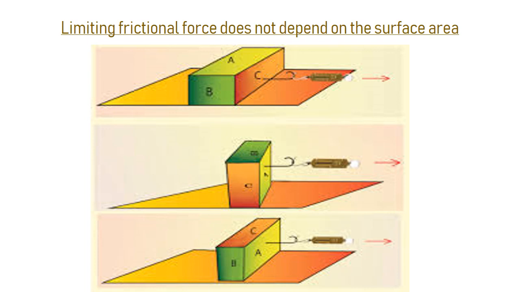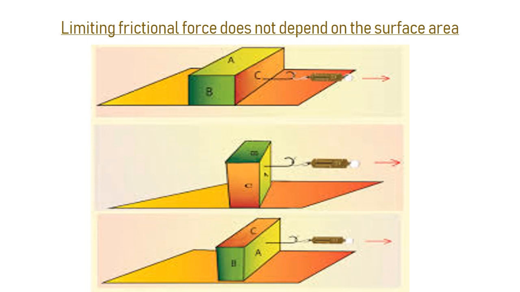Here they are taking only one object and there are three surfaces. At first they are using surface area A, second they are using surface area B, and third they are using surface area C.